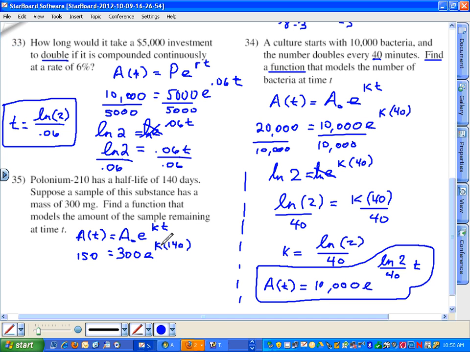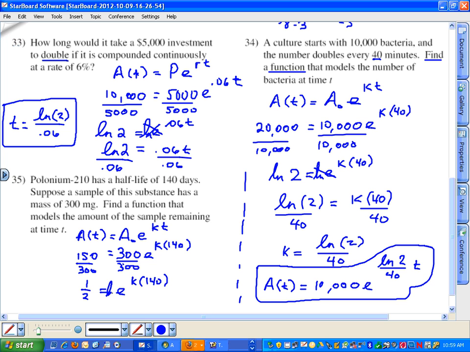Now we need to isolate this exponential term so we can solve for k using natural log. So we divide by 300. We're going to get 1/2 equals e to the k times 140.